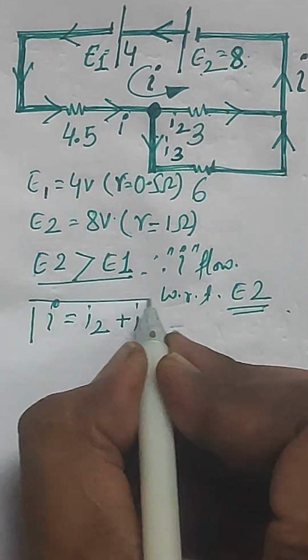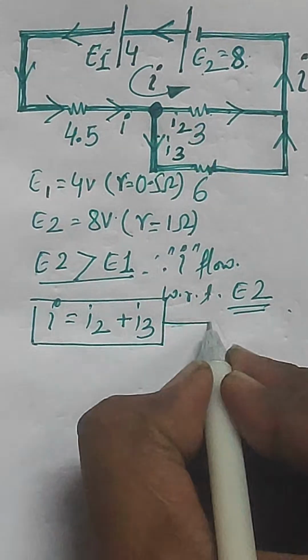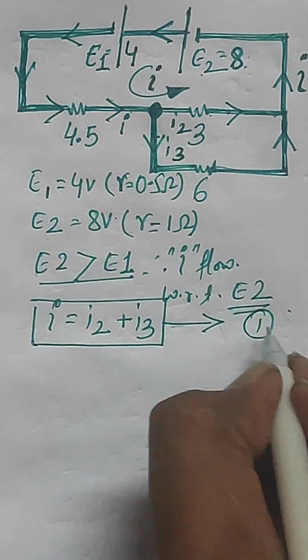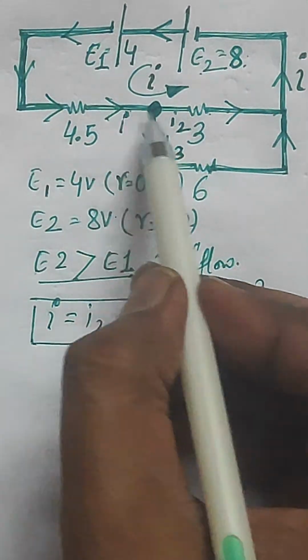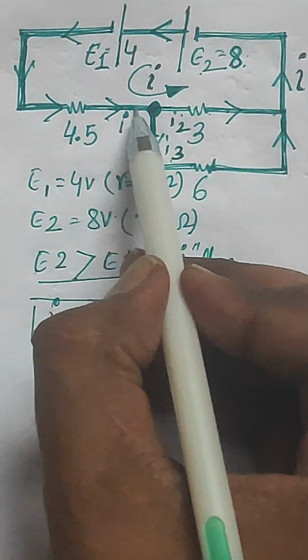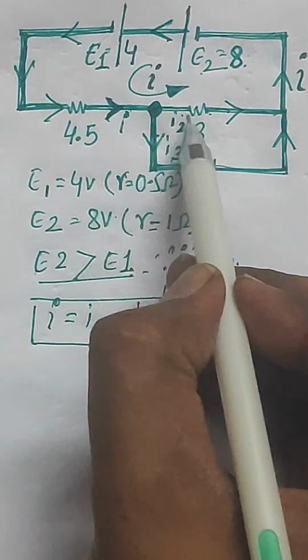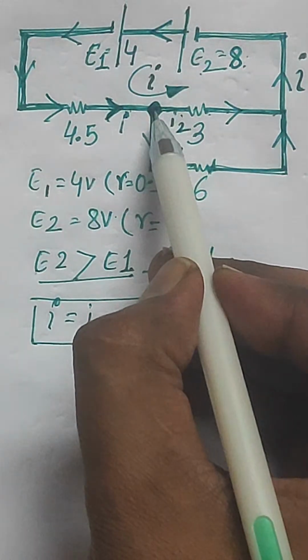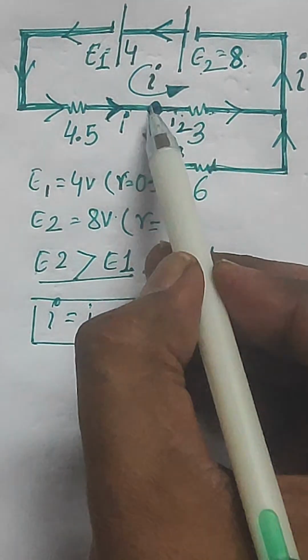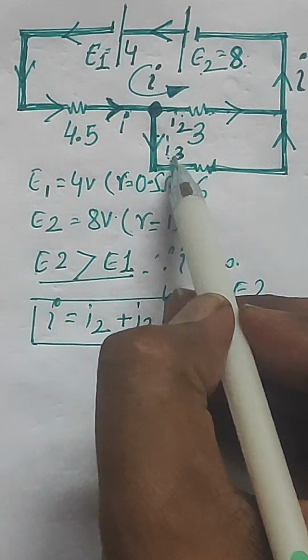This is one of the relations derived, because this current I is split into two components at this junction, with current flowing towards the right as I2 and downward as I3.